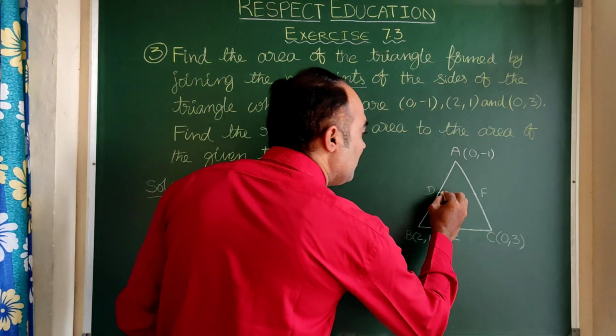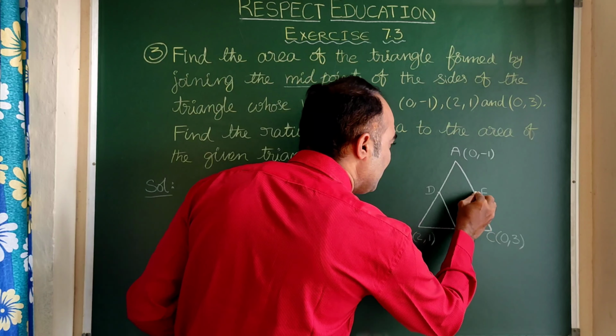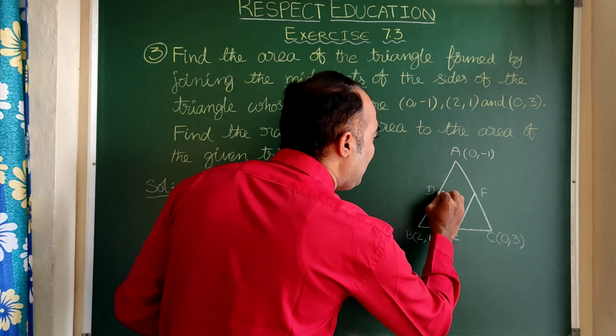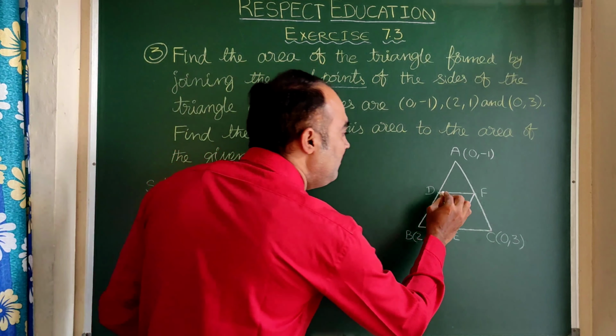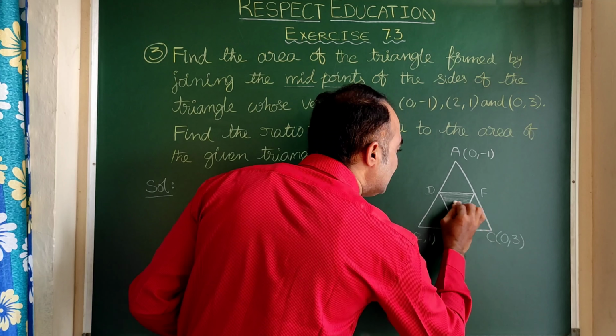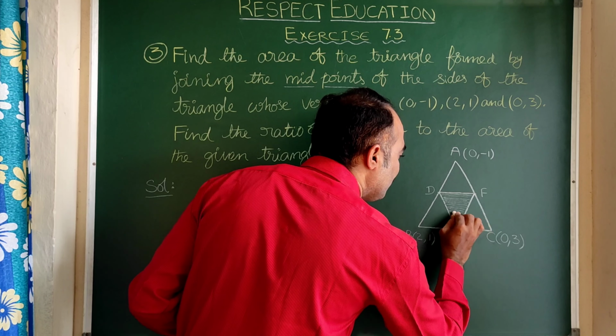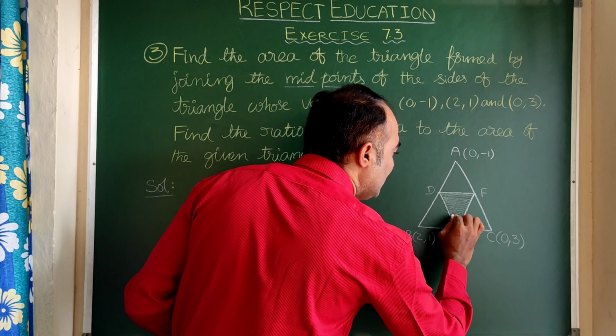Then by joining these midpoints DE, EF and DF, we get a triangle, that is triangle DEF. This area is to be found. Is it clear? So the area of this triangle DEF is to be found.